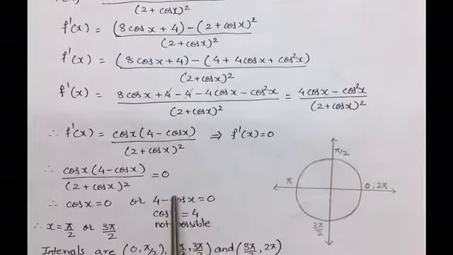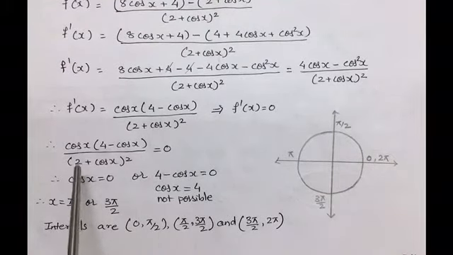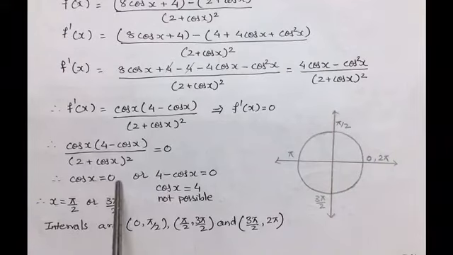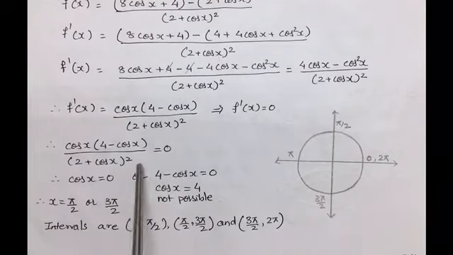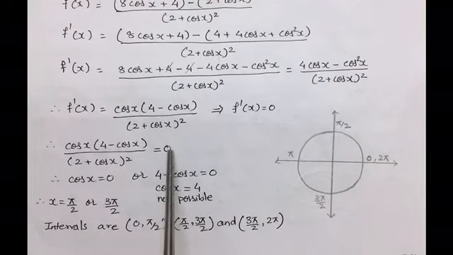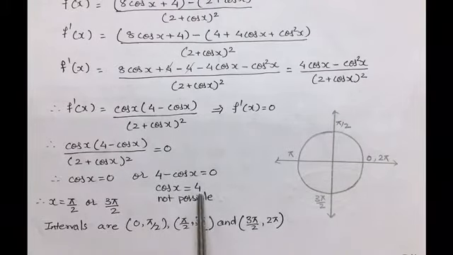So equating it to 0, we get either cos x equal to 0 or 4 - cos x equal to 0. (2 + cos x) whole square will go to the other side and it will get converted to 0 by multiplying with 0. Now cos x value we get from the bracket as 4, which is not possible. Reason: the value of cos x always lies between -1 and 1. So cos x equal to 4 is not possible.